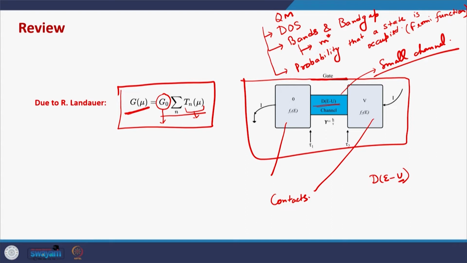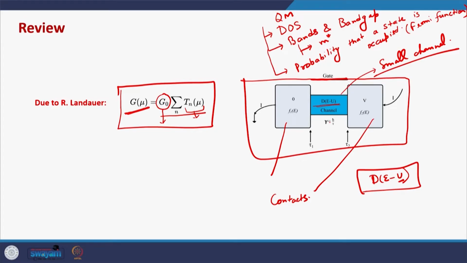So, this density of states in the channel is written as D(E minus U) essentially, where U is the potential energy of the electron because of its interaction with other particles in the surrounding, or it might be the modification in energy of electrons because of the voltage applied on the third terminal, the gate terminal essentially.